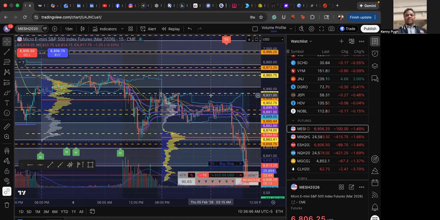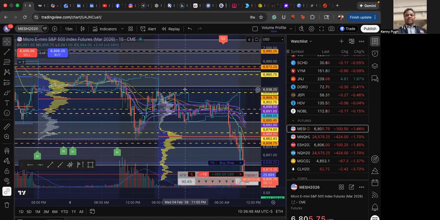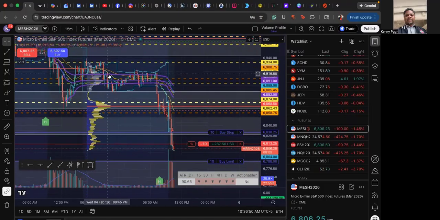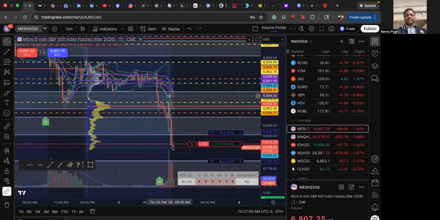We pushed back up, and then as we transitioned into today, we see that there was some overnight activity above a previous high time frame, high volume node, and then it pushed downward. And then once we opened up right around here, we saw a push into that value, the high volume node, and then a push down.